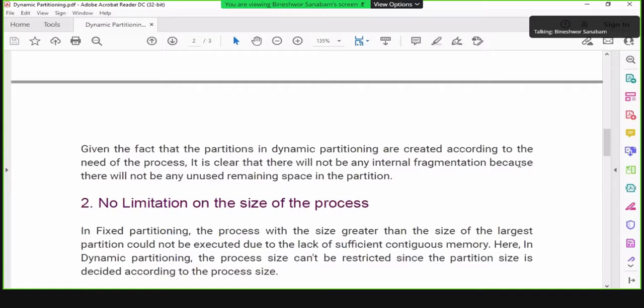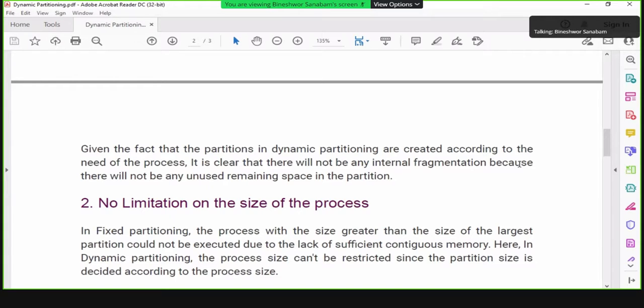And there will be no limitation on the size of the process. In fixed partitioning, if the fixed partition size is 4 MB and the process requires 5 MB, then that process cannot fit into the storage.